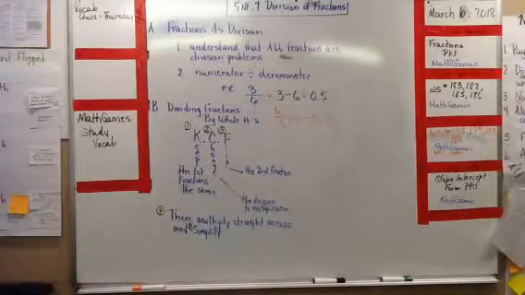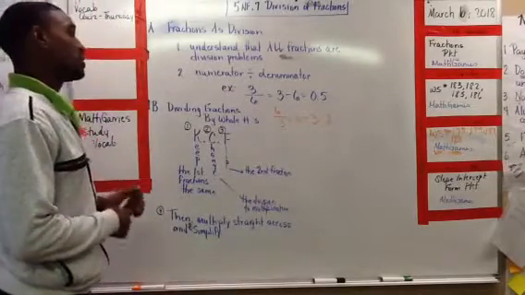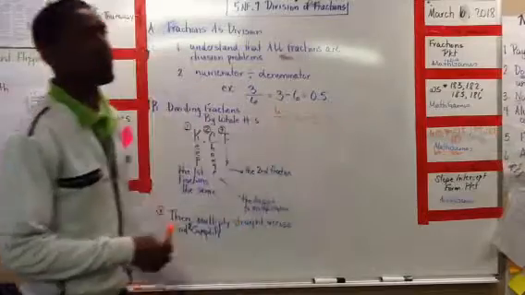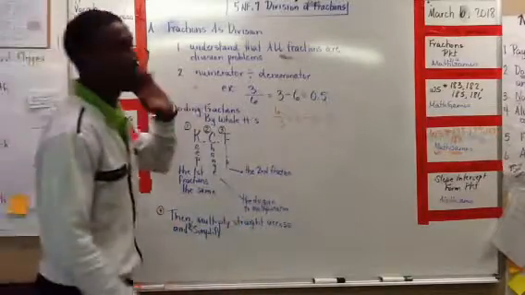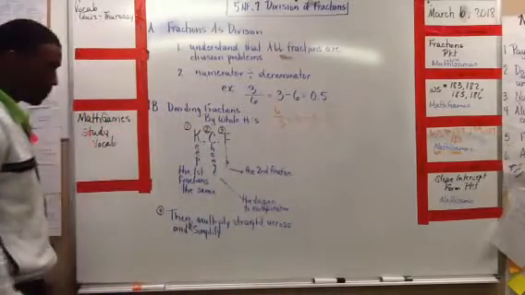And those are easier to do. We're used to our dividend being bigger than our divisor. So these I would expect for you to divide by hand, but if you were dividing or simplifying a proper fraction, I'll allow the use of the calculator.